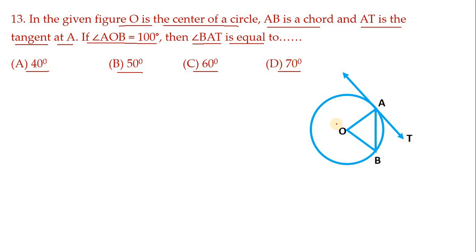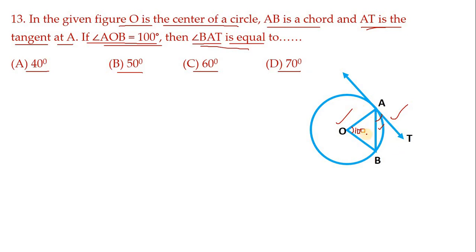Look at the figure. So here O is the center of the circle, AB is a chord, AT is a tangent, and AOB is 100 degree. This angle is 100 degree. We have to find BAT. BAT is this angle we want to find.